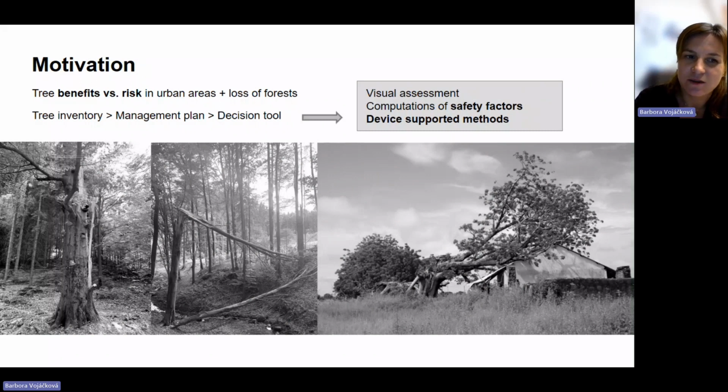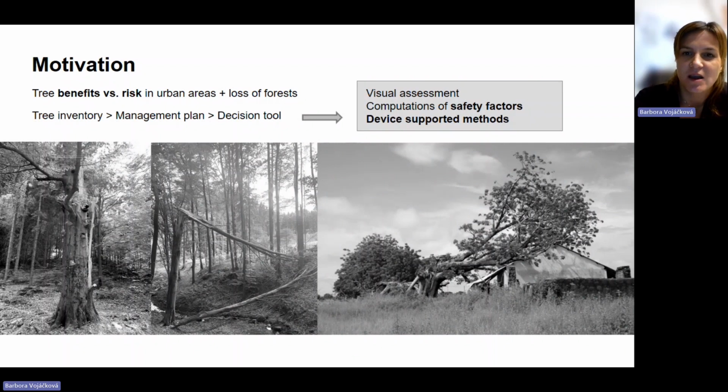And also, we know that when trees grow bigger, the benefits are more valuable for us, but at the same time, the stability of the trees can be a problem when the tree is getting bigger and older.